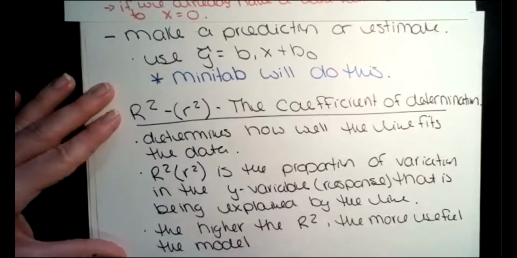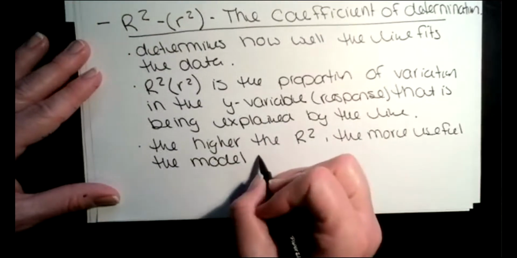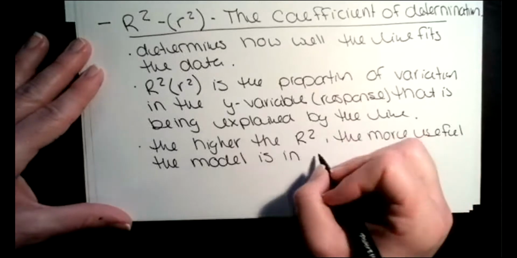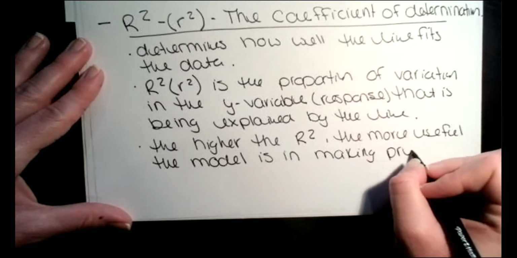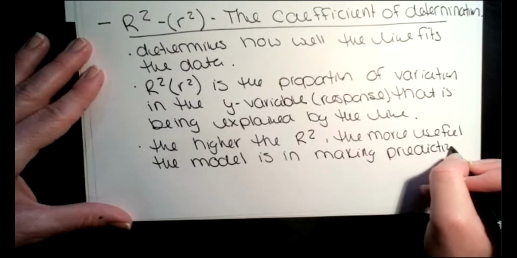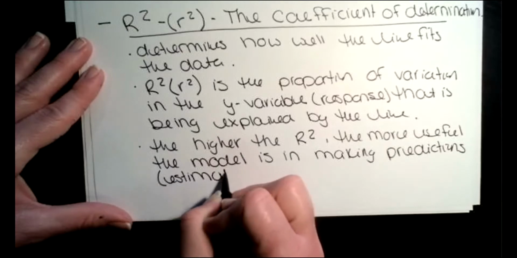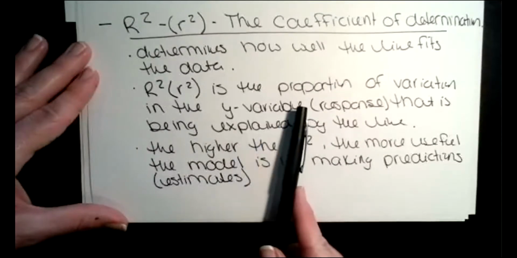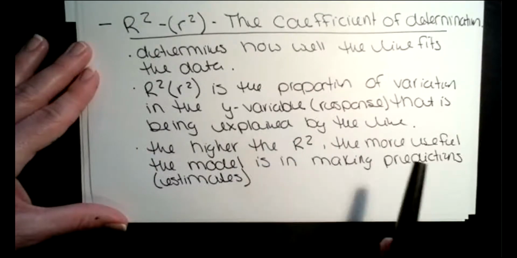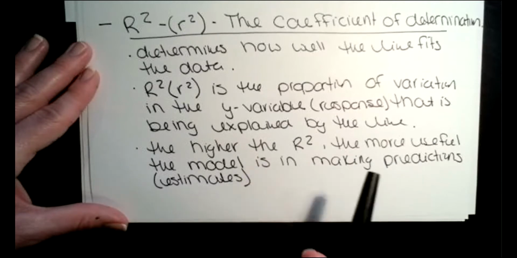So now we're looking at this, where R squared is telling me how useful my model is in making those predictions or estimates. So R squared is not only telling me the proportion of variation of my Y that's being explained by the line, but it's also telling me how useful my line is for making predictions or estimates, okay?